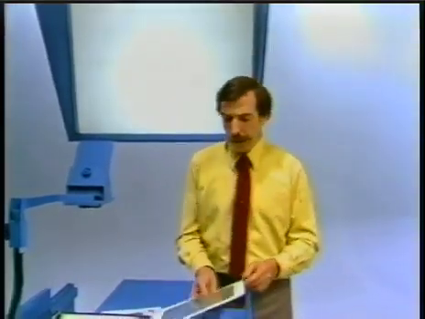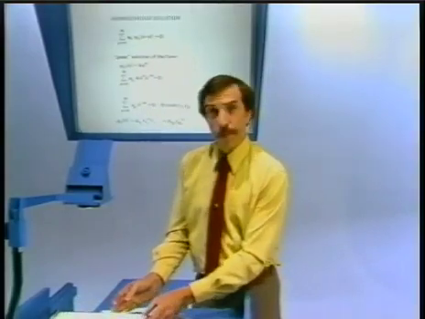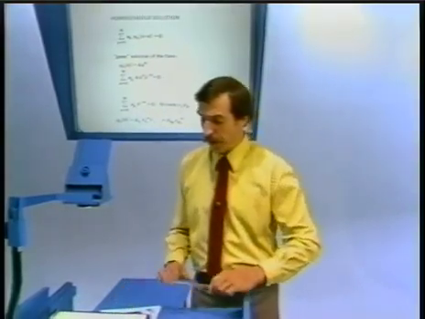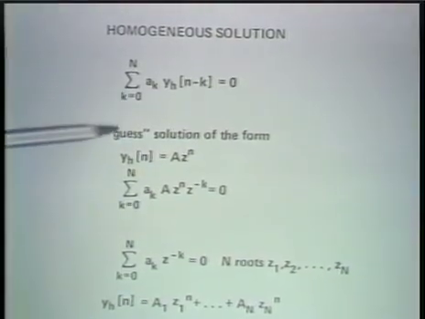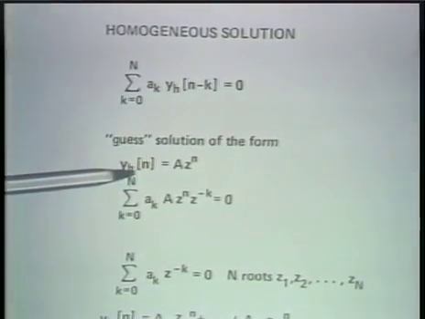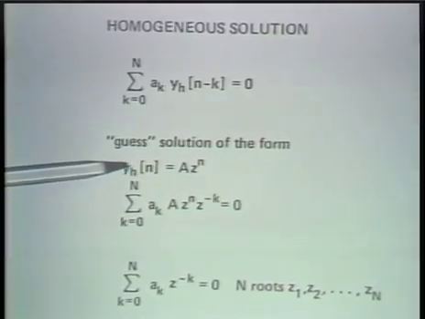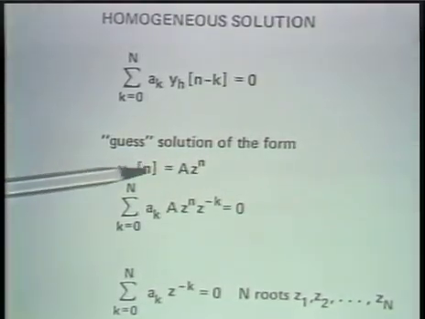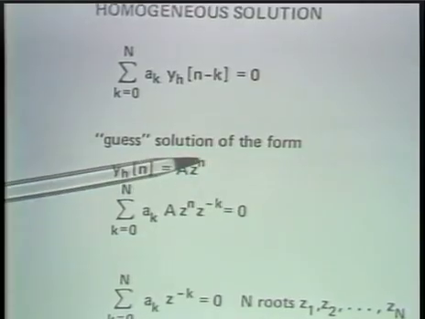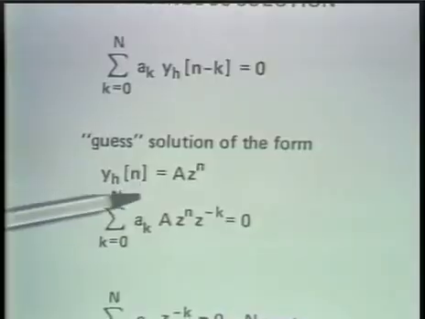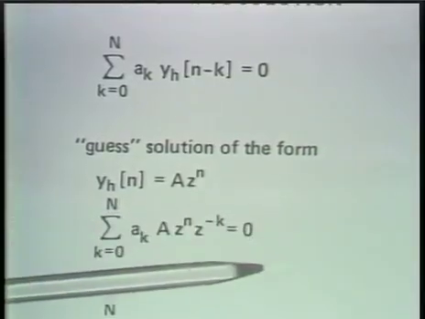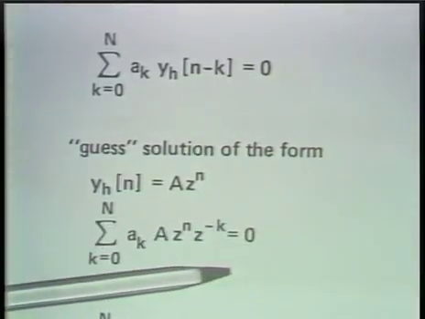The homogeneous solution, again, is of the form of a linear combination of exponentials. Here we have the homogeneous equation. As with differential equations, we can guess or impose solutions of the form a times an exponential. When we substitute this into the homogeneous equation, we then end up with the equation that I've indicated here.